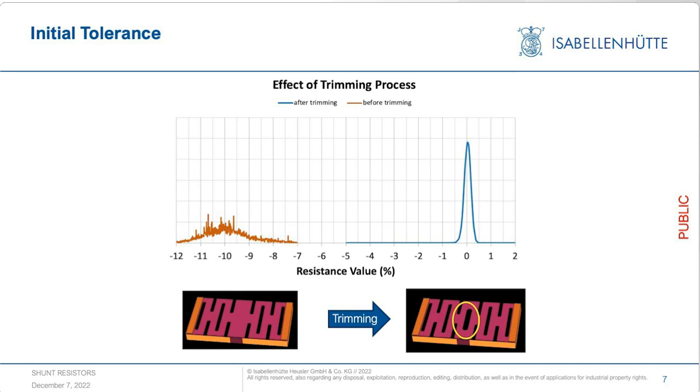If this is not sufficient, you can use trimming processes, which are well known for a couple of devices like thin film devices or metal devices, to reduce the distribution of the initial value. Typically, you can obtain a distribution of plus or minus 0.5% after a trimming process.